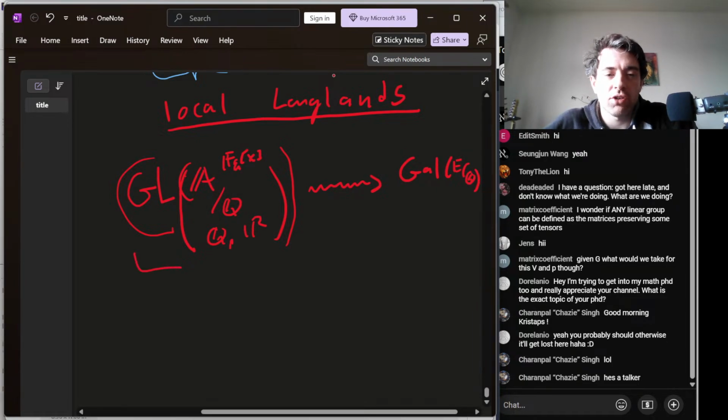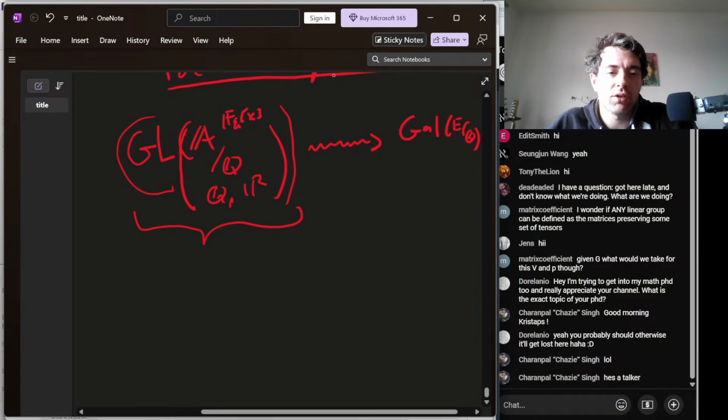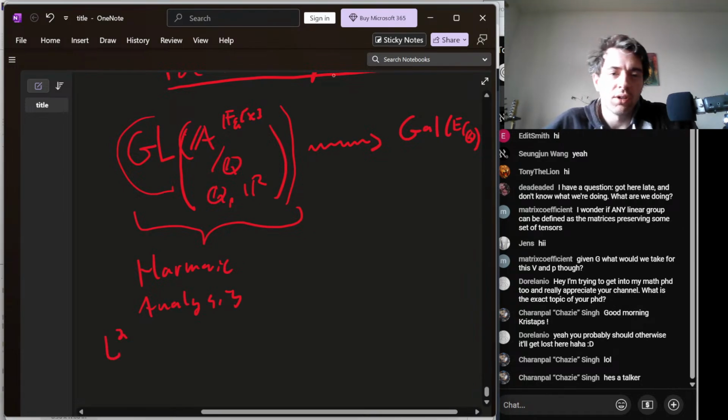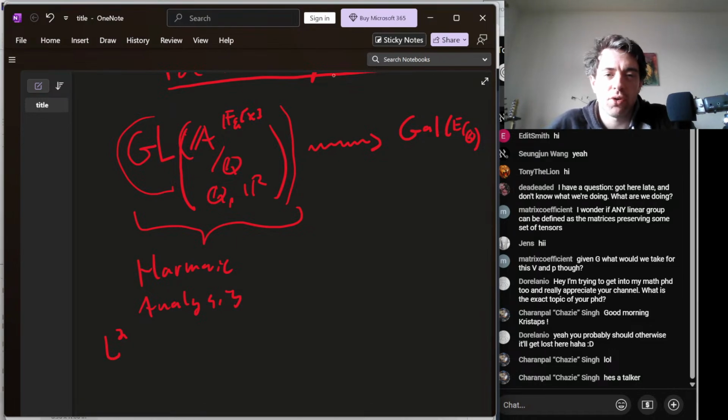So representations of groups here, but these representations are all kind of living in a world of harmonic analysis. So you've got L2, measure theory stuff, inner product stuff going on over here. So it's very analysis plus algebra.